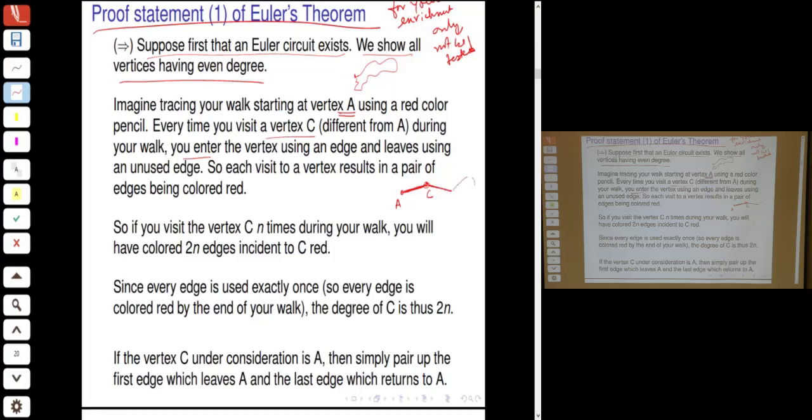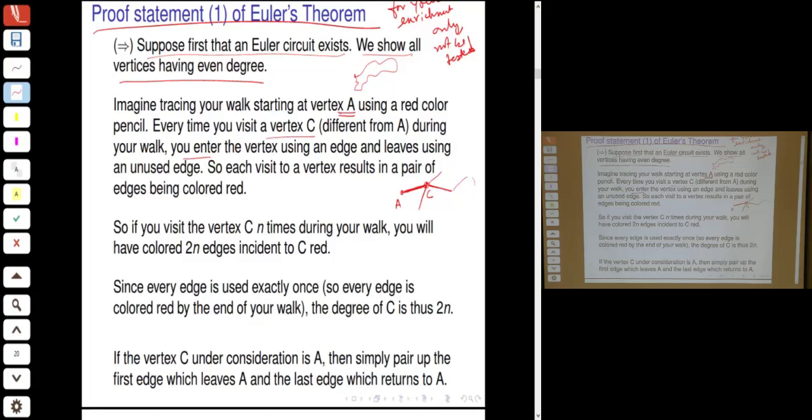And then you continue along your walk. It might so happen that you might come back to C again, because the Euler circuit is not allowed to repeat edges, but it can repeat vertices, right? You come to C again and you leave again. But in doing so, you will use a fresh pair of edges to enter and exit C. You cannot use the old pair of edges to enter and exit, because those are already used, and the Euler circuit is not allowed to reuse edges, right?